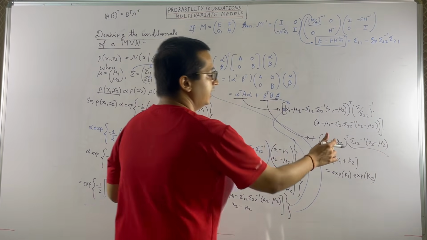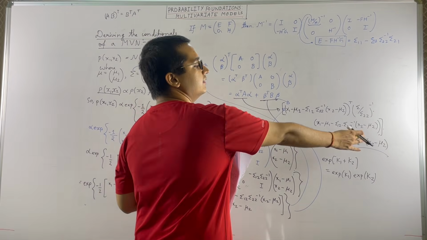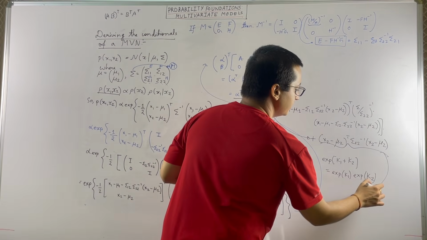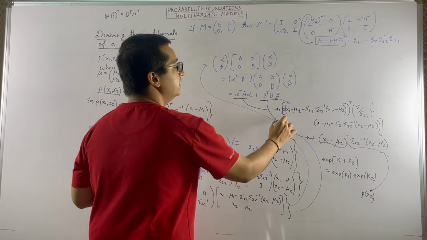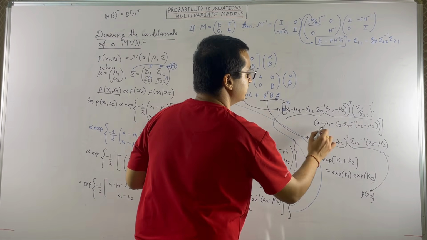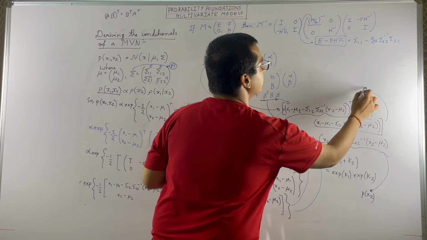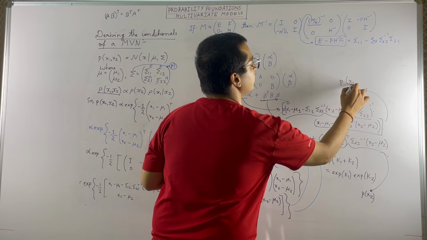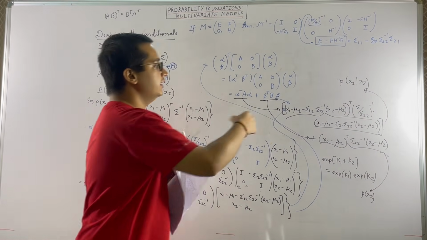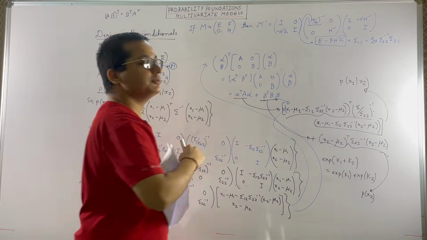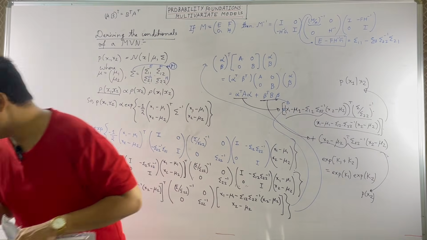This form, x minus mu transpose sigma inverse x minus mu, is of course the exponential for p of x2. So what should this part be? This entire thing should be the exponential of p of x1 given x2, right? And if I try to look at it, then this effective thing becomes my new mean. Interesting, right?